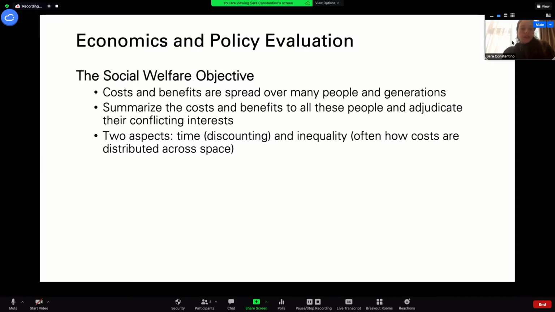The objective of social welfare analysis is to summarize the costs and benefits to many people and to adjudicate among conflicting interests. And so there are two primary challenges, and this is time, so discounting, and inequality. So how costs are distributed across space or to different communities within a country.